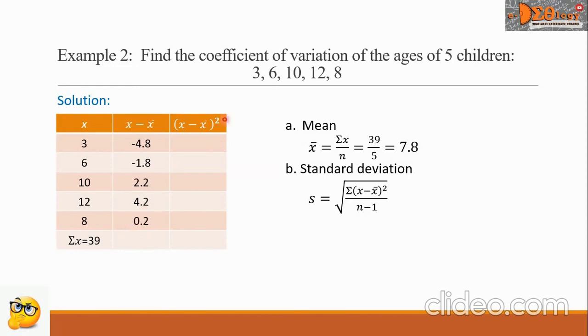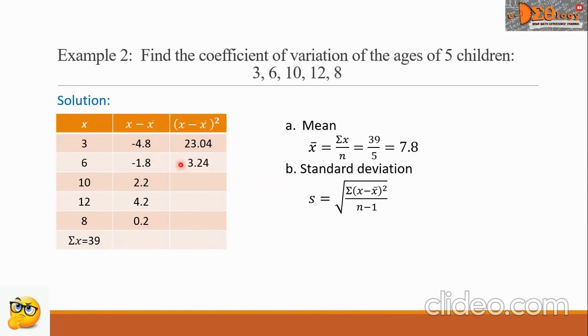The next is for us to fill up the last column. In here, we're going to square each data respectively. For the first blank here, this is now the square of negative 4.8. So that is now positive 23.04. Next, the square of negative 1.8.